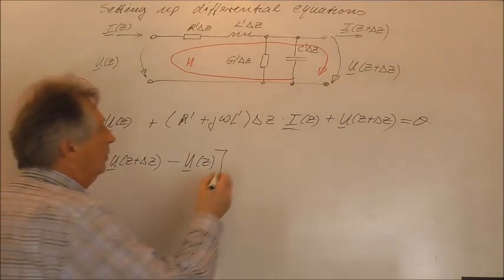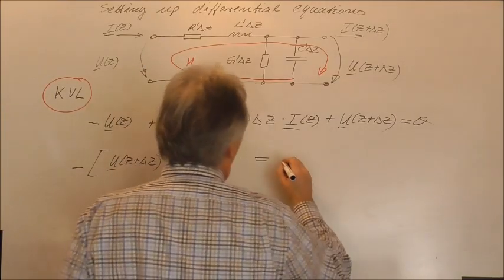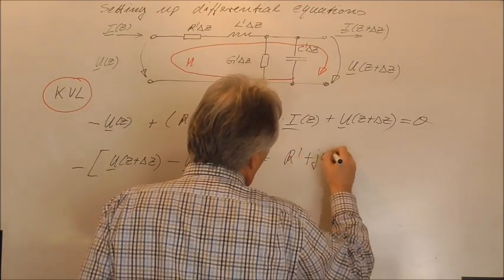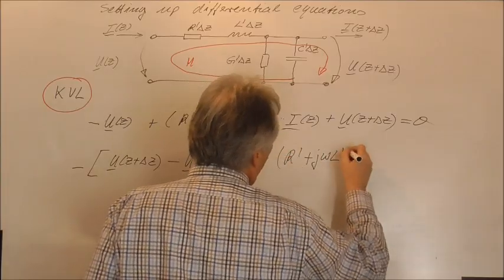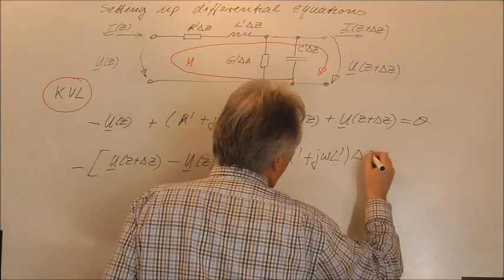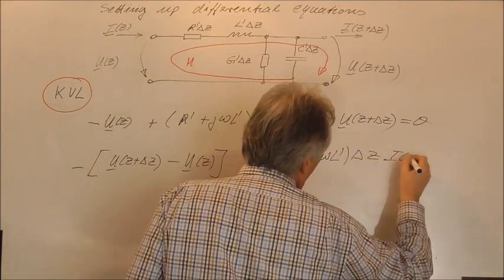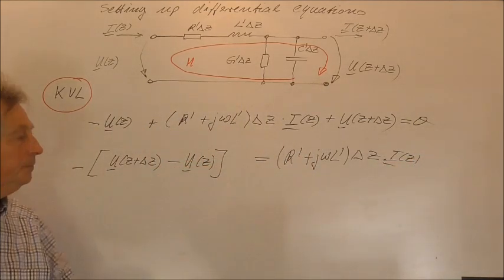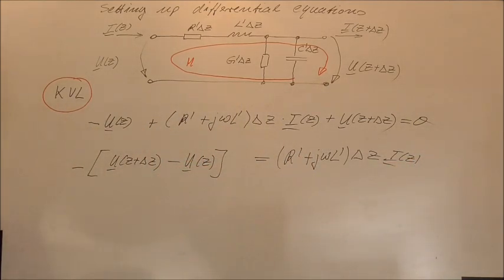This will be equal to (R prime plus j omega L prime) times delta z times I of z. So this is one step in between; we are not at the result yet.